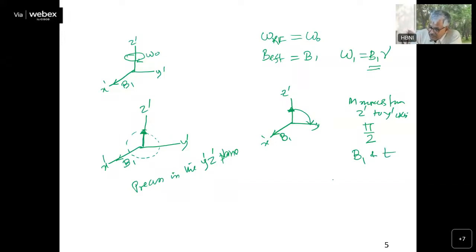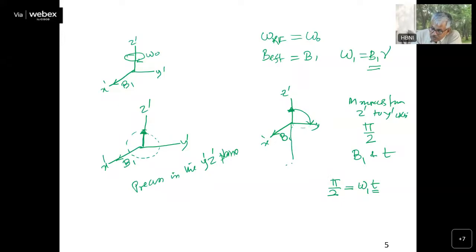We can consider that the angle pi by 2 is equal to omega 1 times t, so you can find out how much time it will take.